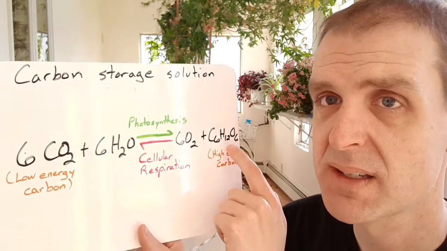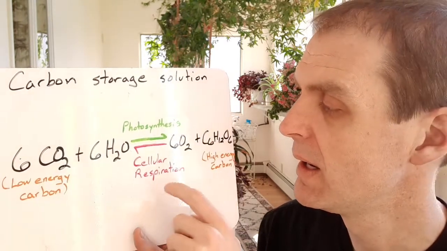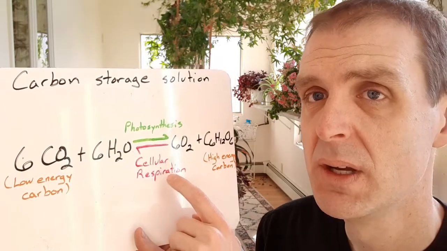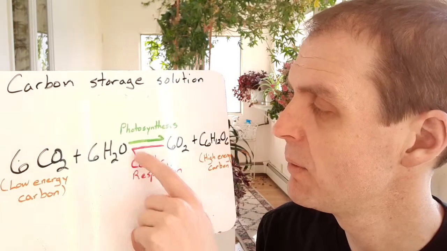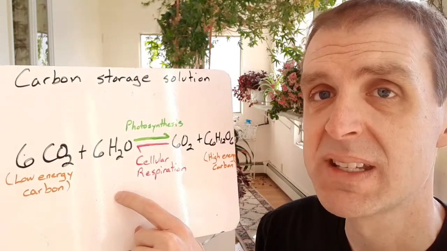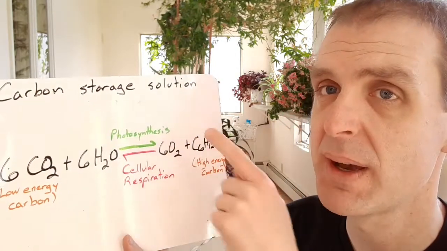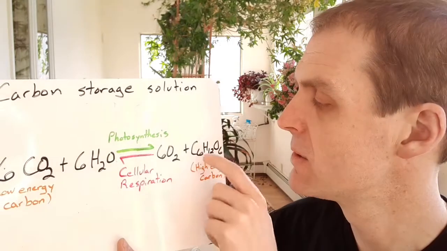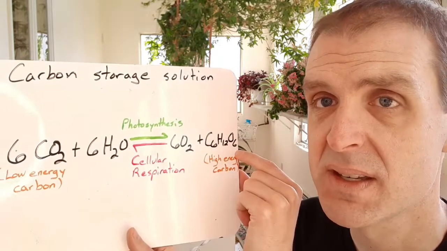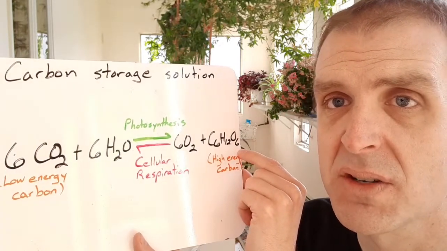And to get the process to go in this direction, for cellular respiration, you are able to release energy during that process. So energy goes in. To get it go that way, energy can come back out. So again, this is our carbon energy storage solution, is sugar.